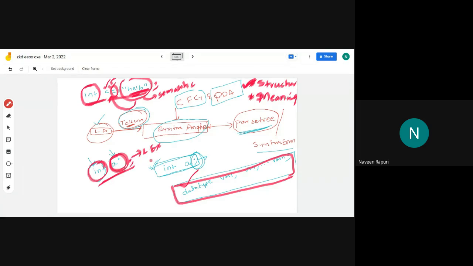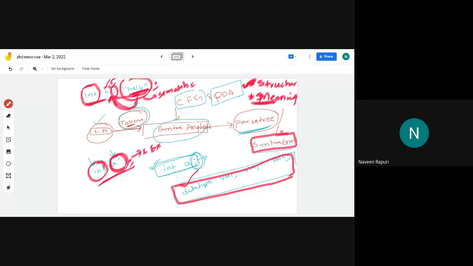And coming to the semantic error, if it has the structure but is not satisfying the meaningful thing, then we call that a semantic error. Hope you understand about syntax errors.